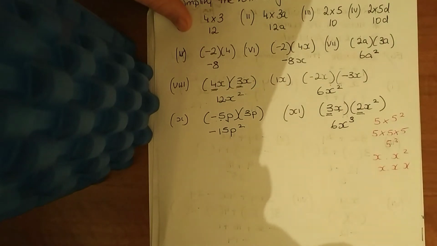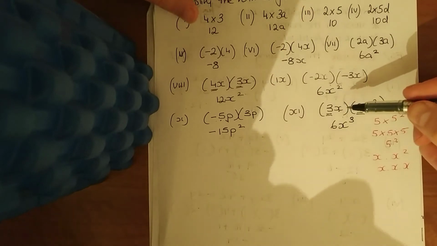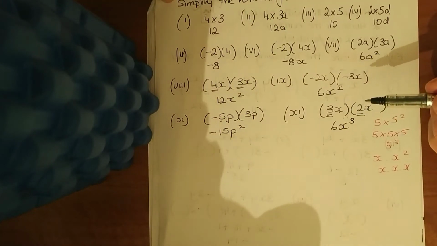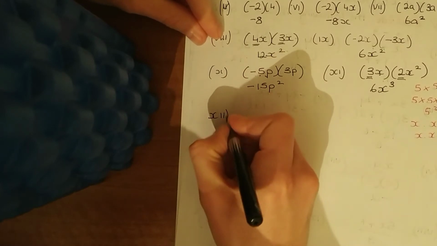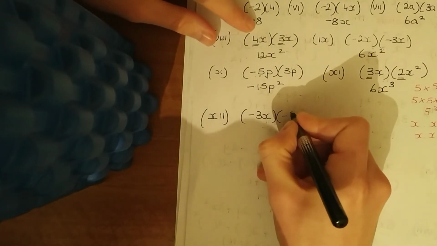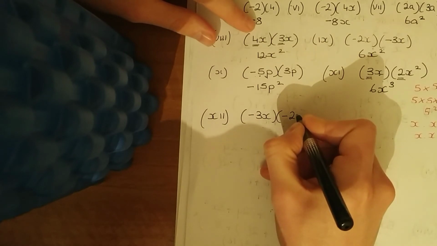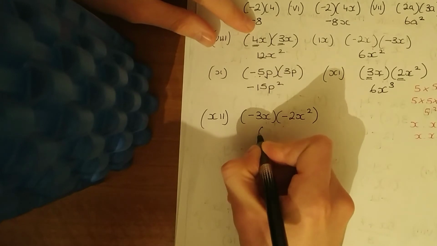And you'd see now, when they're using the algebra, x has often appeared. Having a multiply sign just confuses that wee bit. So if I had minus 3x times minus 2x squared, minus 3 times minus 2 is 6.